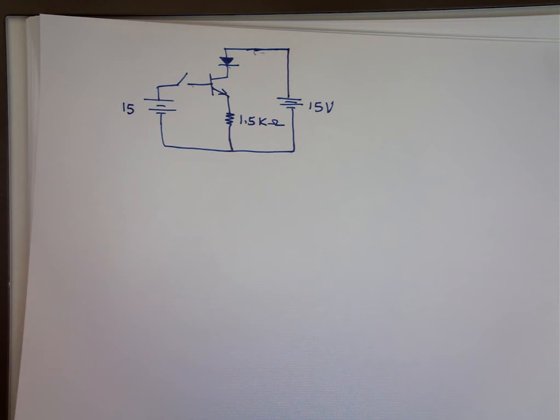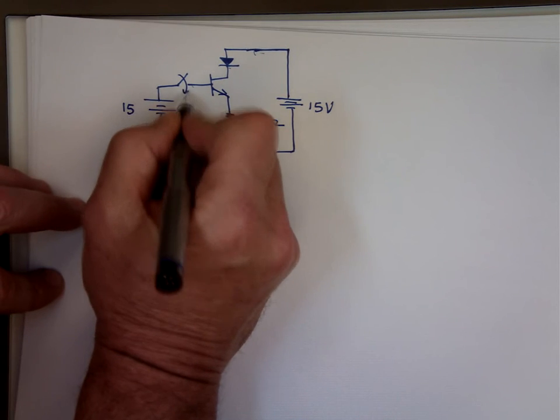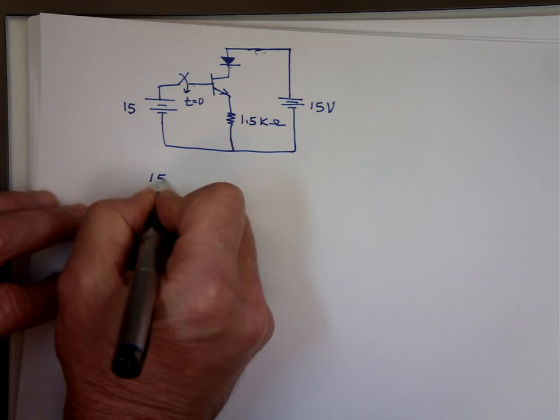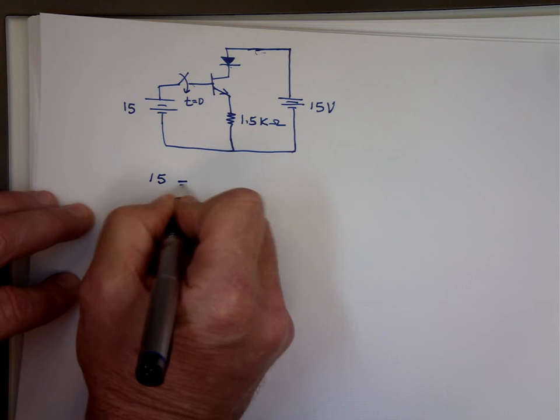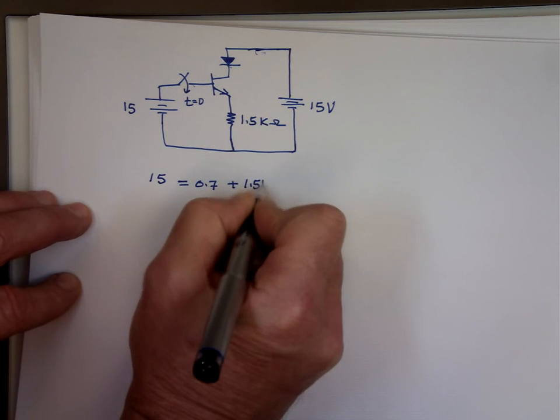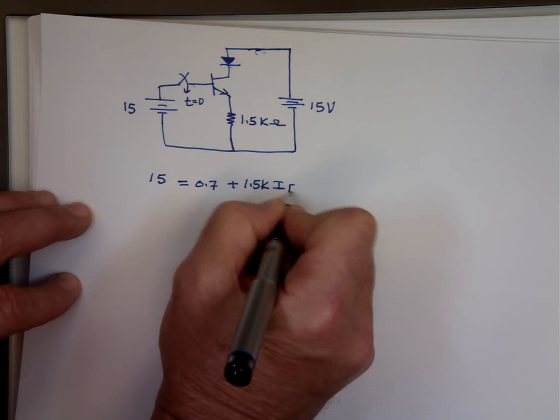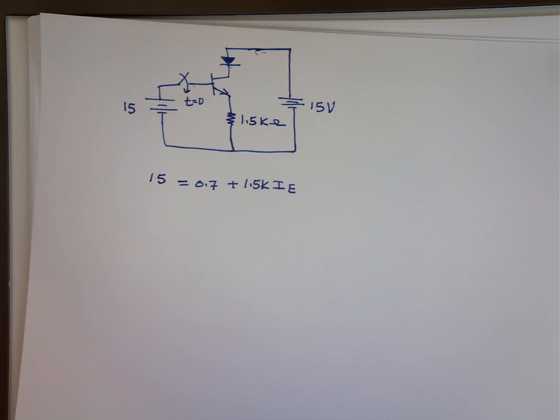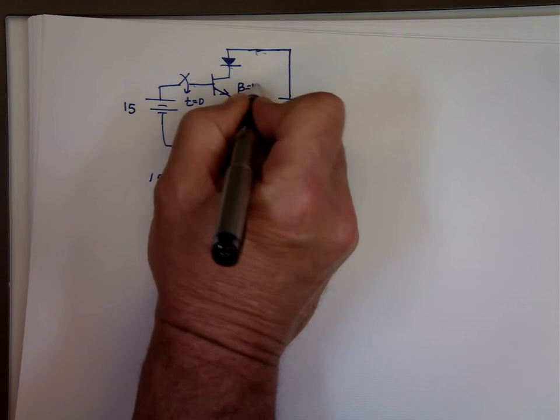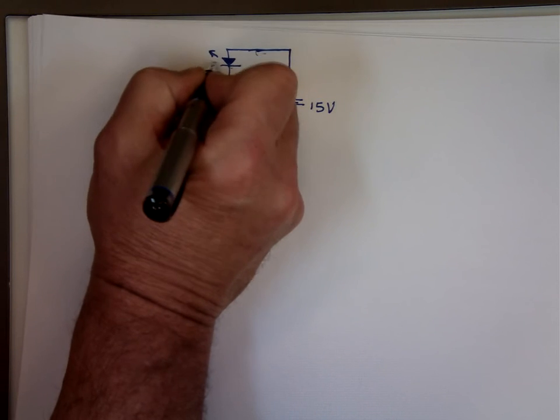When the switch closes at t equals 0, the transistor is on. So we're going to have 15 equals 0.7 plus 1.5 K I sub E. Beta equals 100 again. This is the same LED one, 2 volts here.